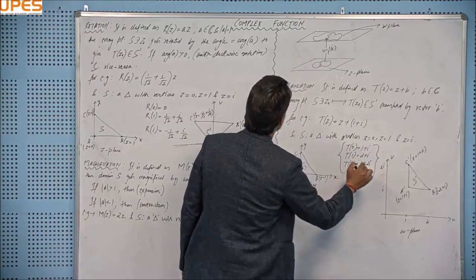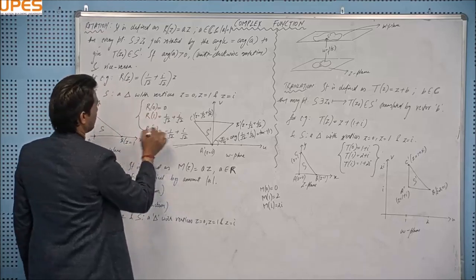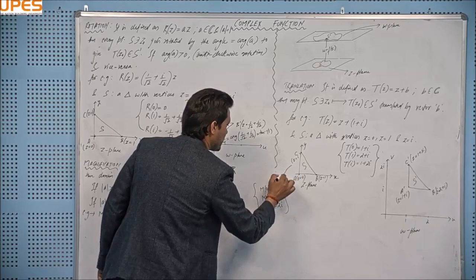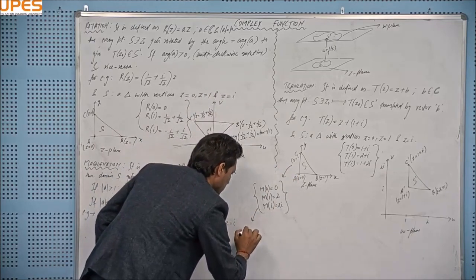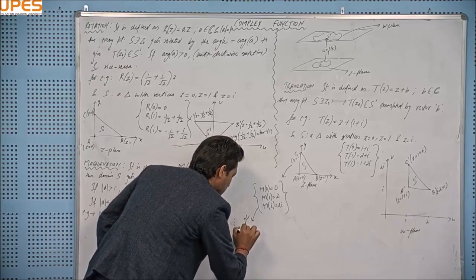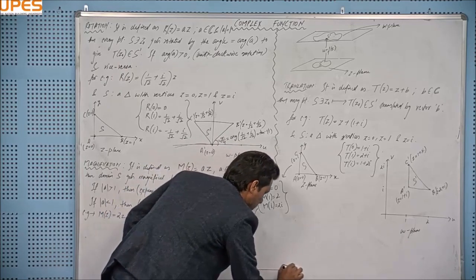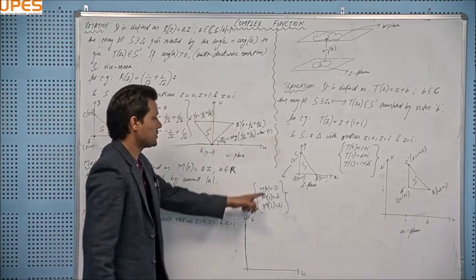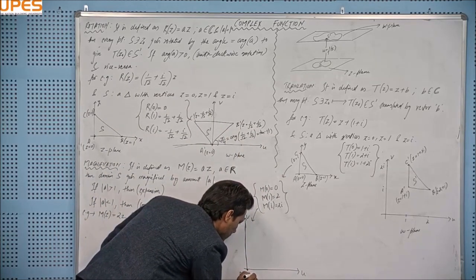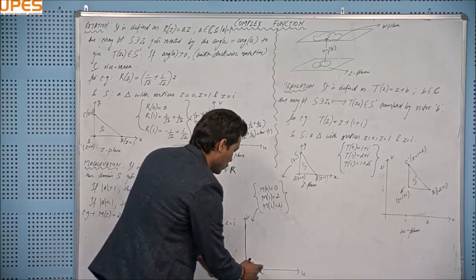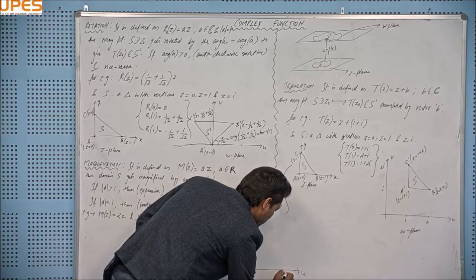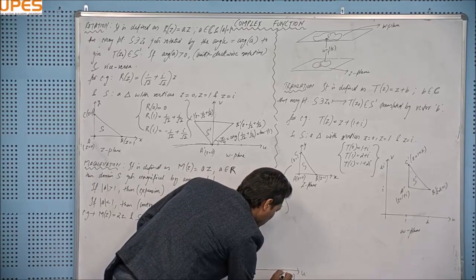Then plotting these points, I will get, this is my v axis and this is u axis. The first is 0, this is 0, A dash, z equal to 0. Then 2 will be here, 1 and 1 2, B dash, z equal to 2, right?